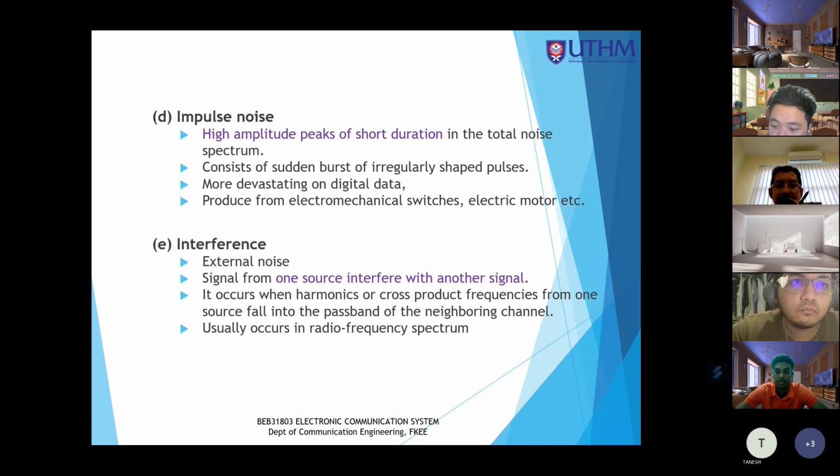Manakala untuk interference, interference is a type of noise which occurs due to other signals that have the same frequency as our transmitted signal.